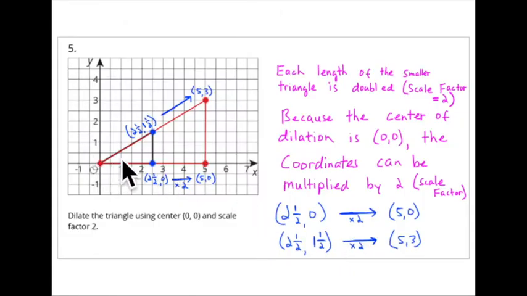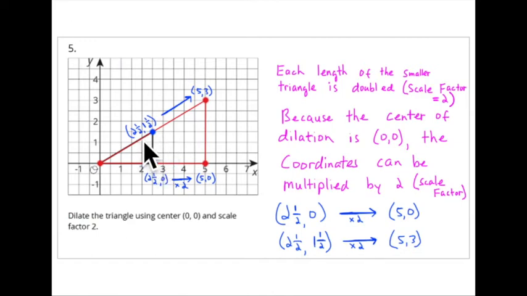And along the slant, the longer side, the original point is at 2.5, 1.5. Each one of these units is 2 of the lines. It's a little bit confusing for a moment to look at. You have to realize that this is 1.5 units, although you're counting 3 lines up.